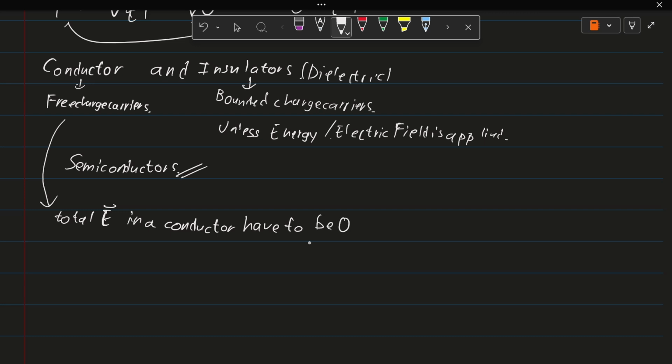If there is an electric field inside the conductor itself, what that means is that charges are still able to move, and this is not really electrostatic. Instead, the electrons are still moving. Therefore, you need to have the force to be zero, otherwise you'll be inducing movement inside the material. So within statics, inside a conductor, the electric field has to be zero, even though there could still be some charge carriers inside.